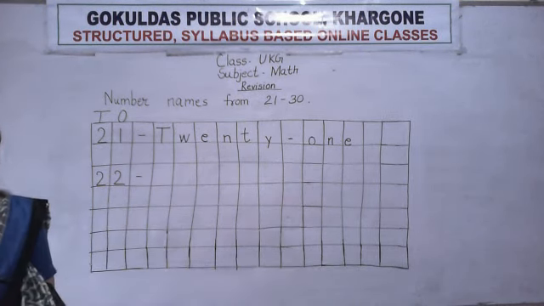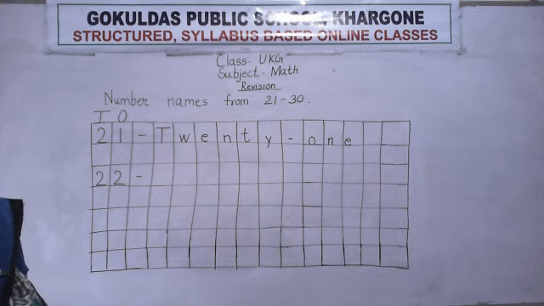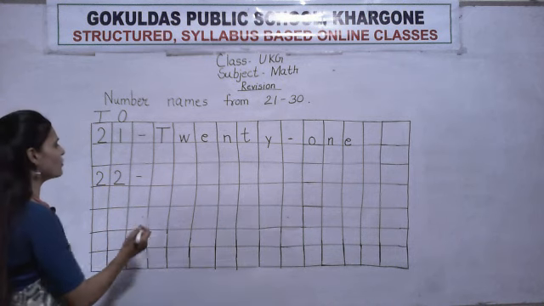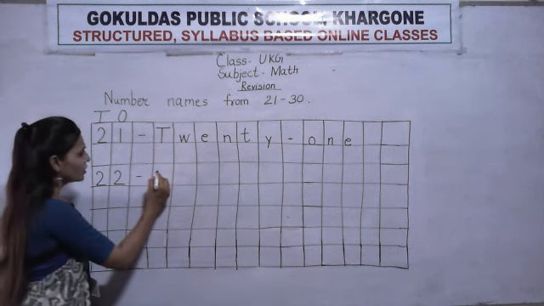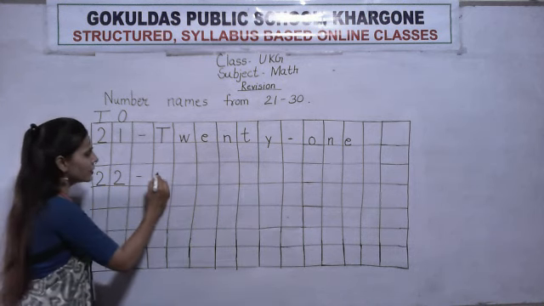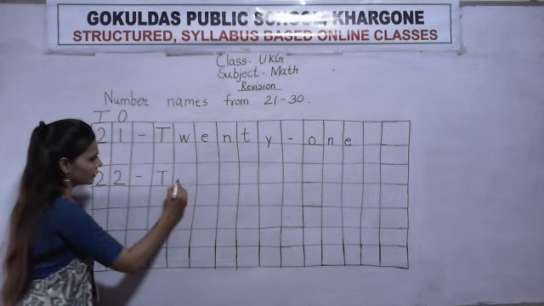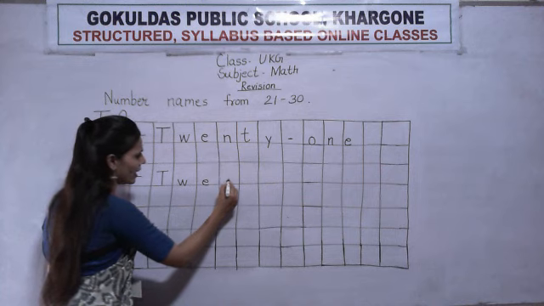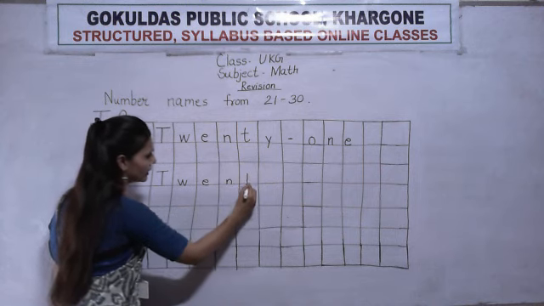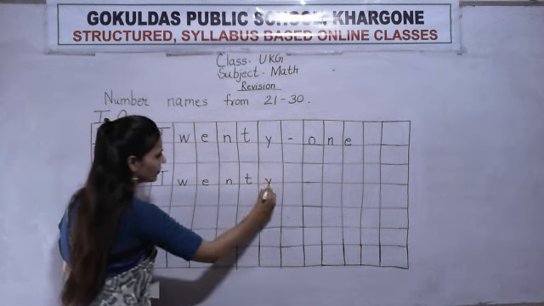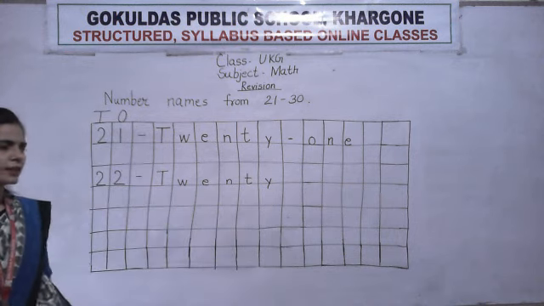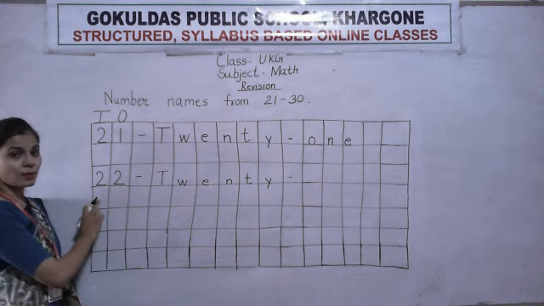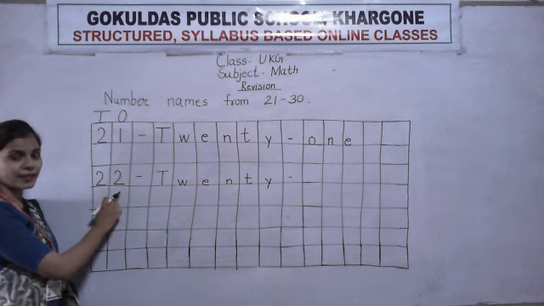Now again we will write the spelling of 20. What is the spelling of 20? Tell me. Say with me. All of you say and write T-W-E-N-T-Y, 20. Now a small slipping line. This is the number 2, 2, 22.